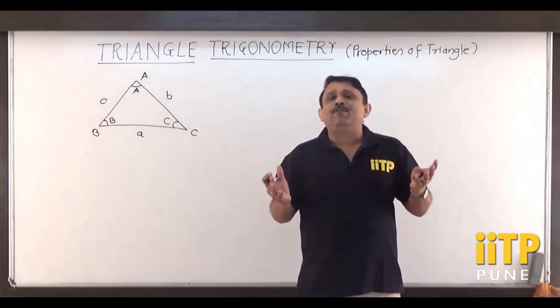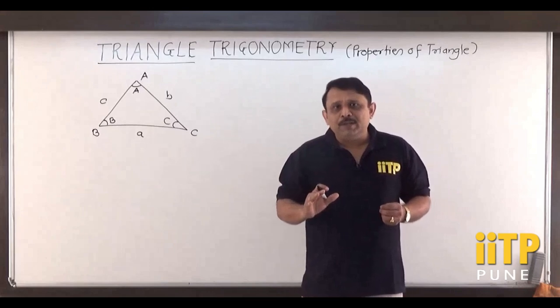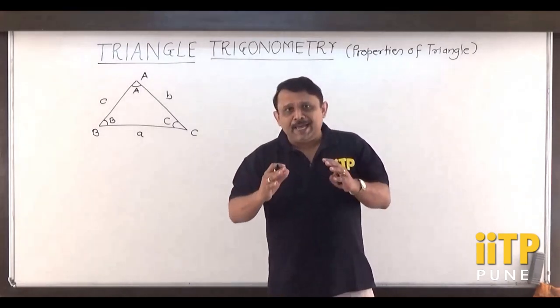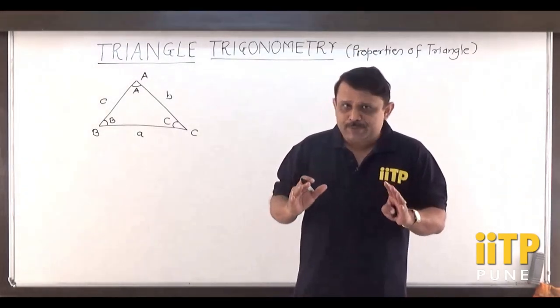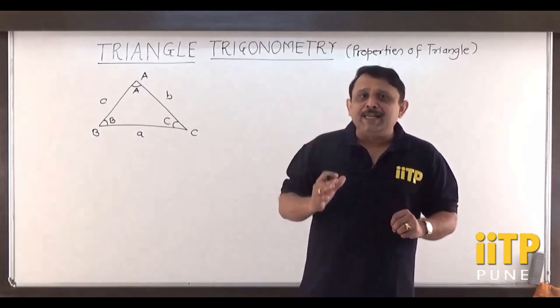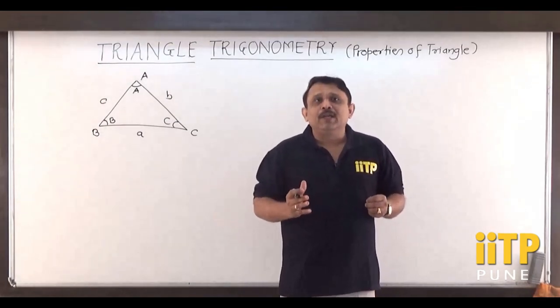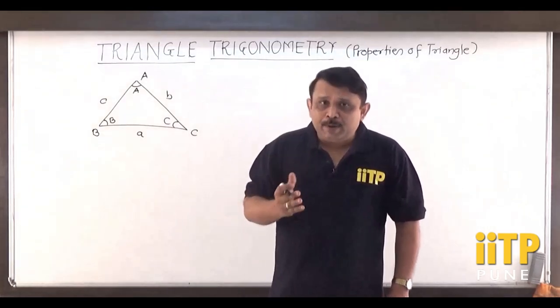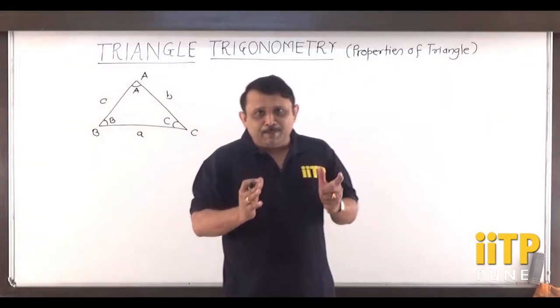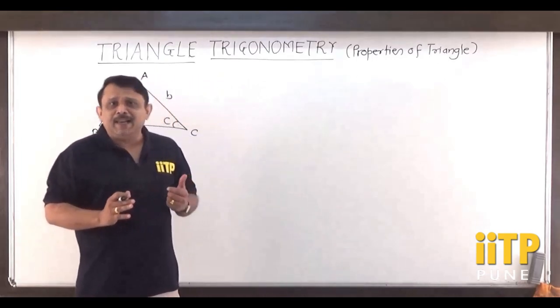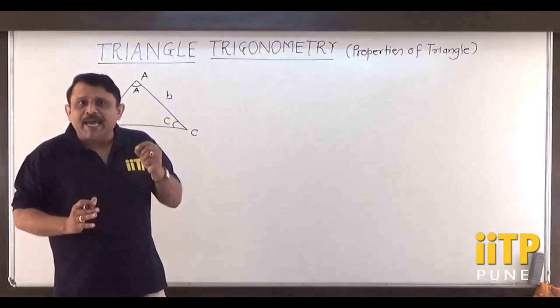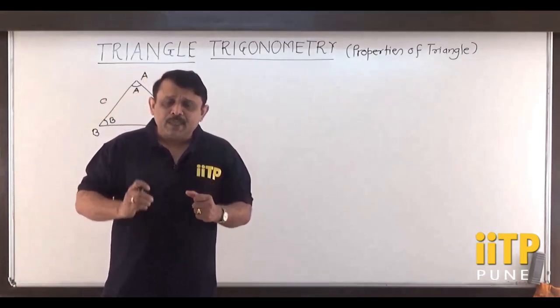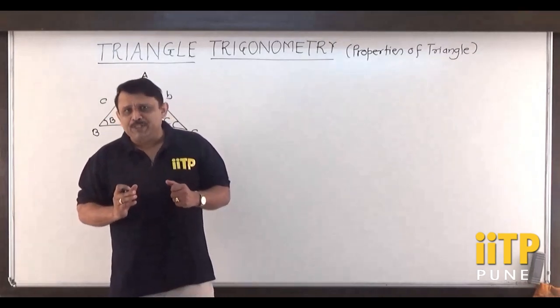If any 3 of them are known, we can know the triangle completely, except when the angles of the triangle are known, we know the triangle in shape but not in size. For example, if I consider a triangle ABC, which is an equilateral triangle, each angle is known to be 60 degrees.